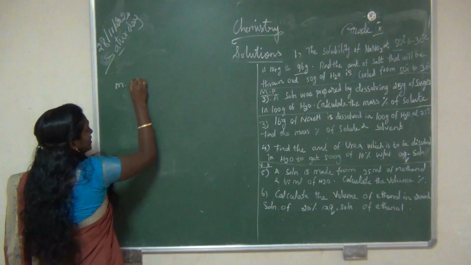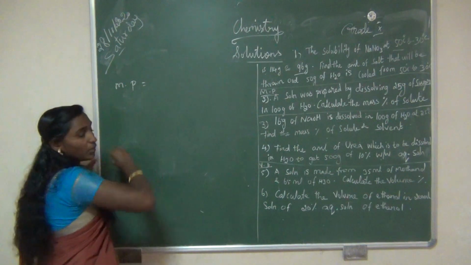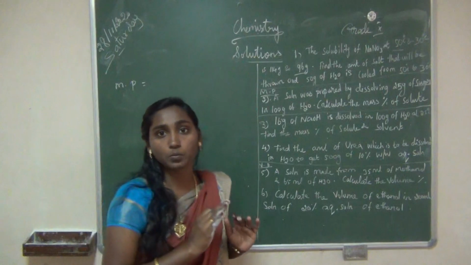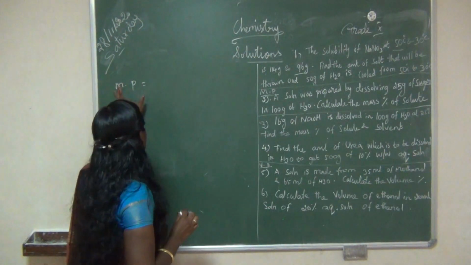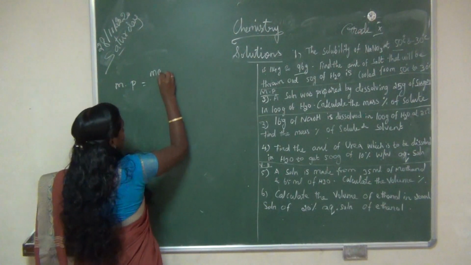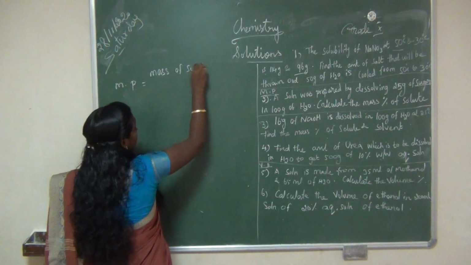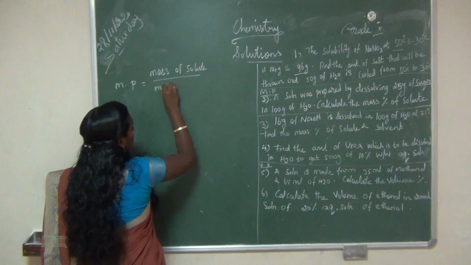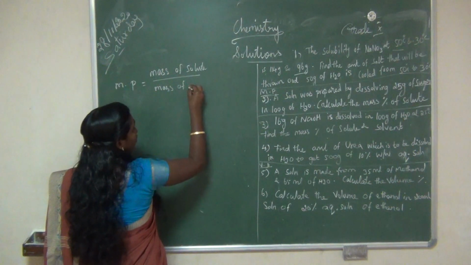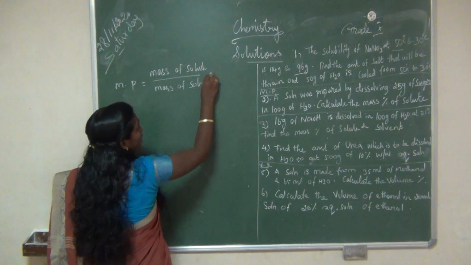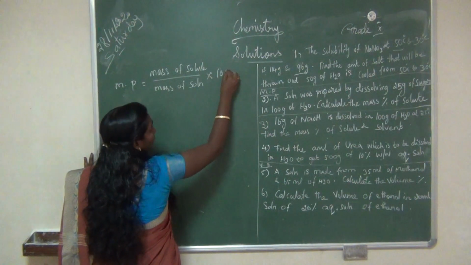So mass percentage is equal to, what is the formula? First step you should write the formula, okay? Mass percentage is equal to mass of the solute divided by mass of the solution into 100.